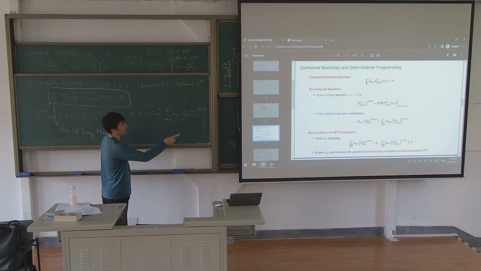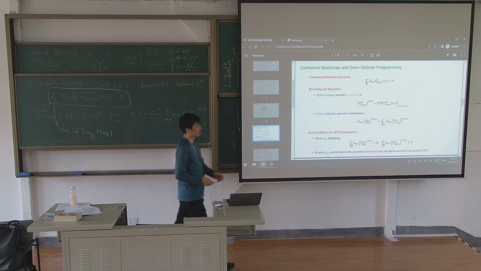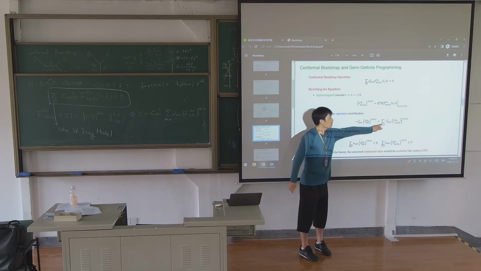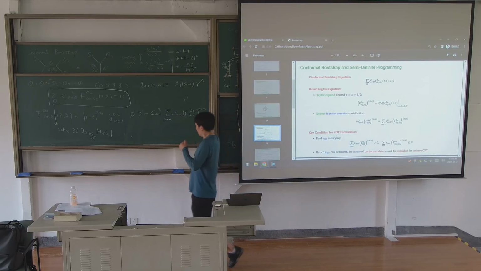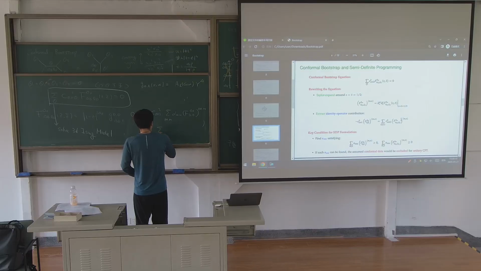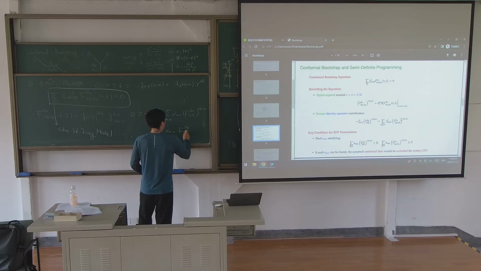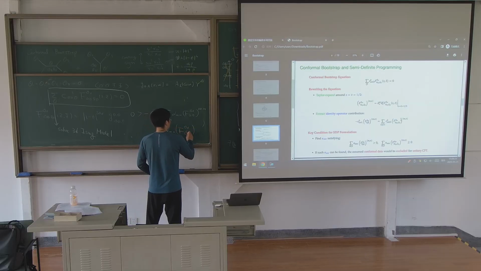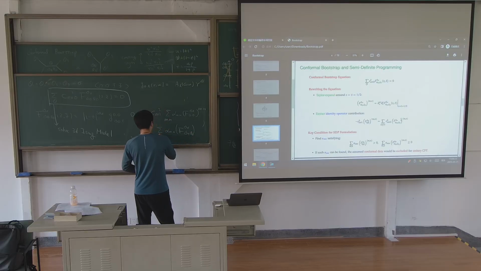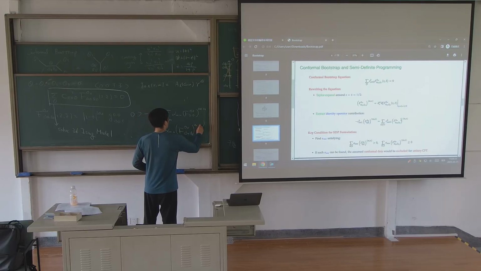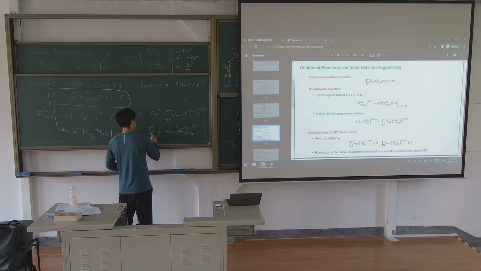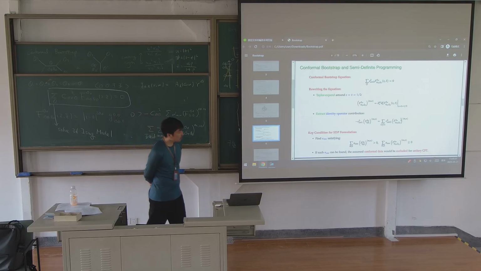On the other hand, if you look at the right-hand side of this conformal bootstrap equation, the sum over mn of alpha mn times delta sigma, delta psi, l, mn, where psi is not the identity.